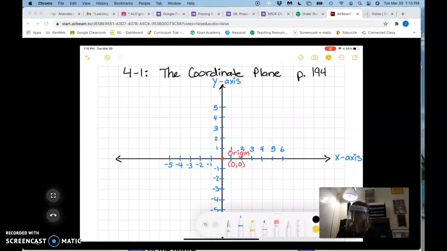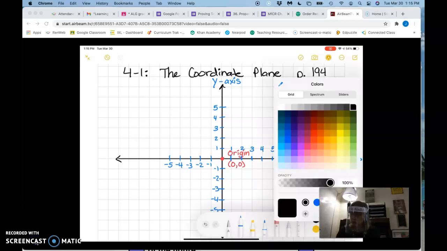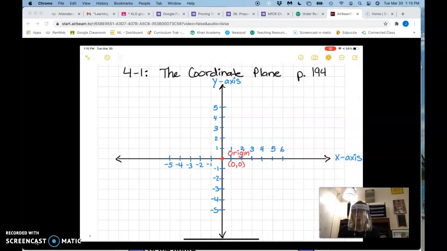Okay? So the next thing we're going to label is our quadrants. So where is quadrant 1 on this coordinate plane? The top right is going to be quadrant 1.